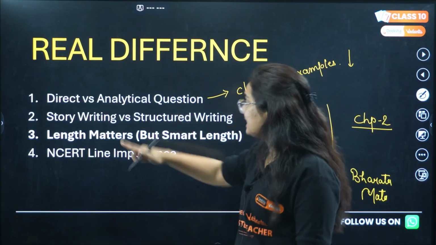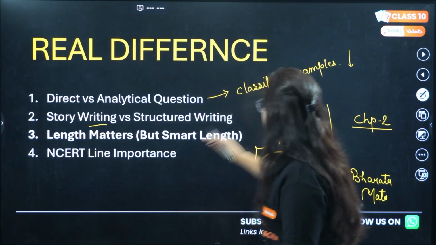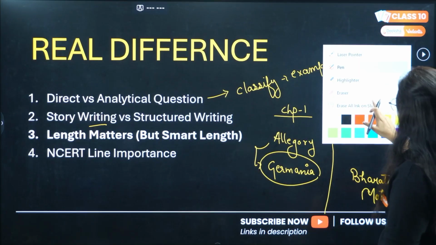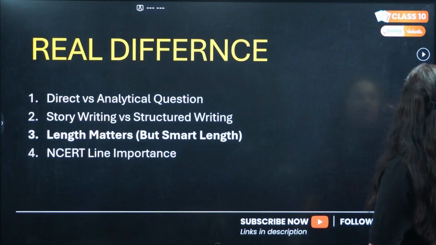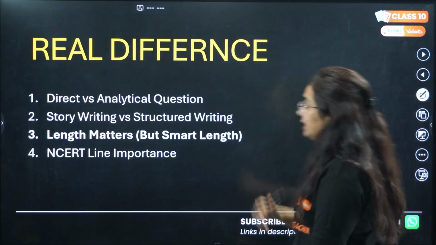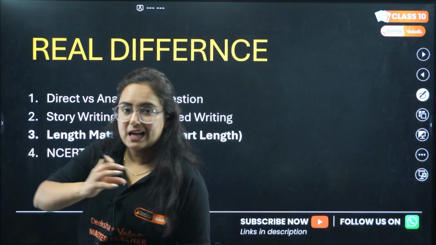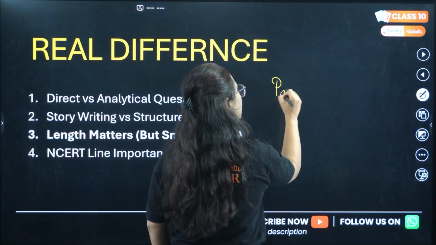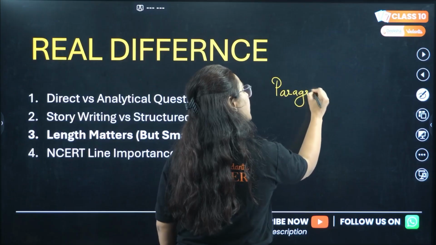Okay, next is about story writing versus structure writing. That's very, very important. Up till now, as I have seen with a lot of students from class 6 to 8, we have a very bad habit of writing the answer in paragraphs.